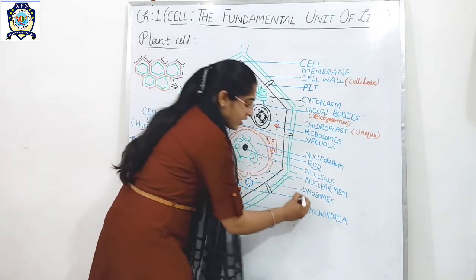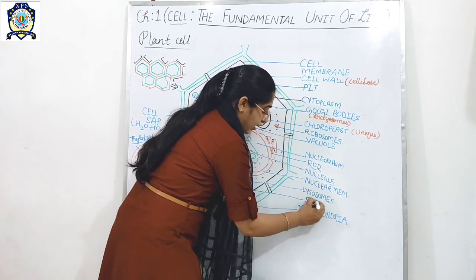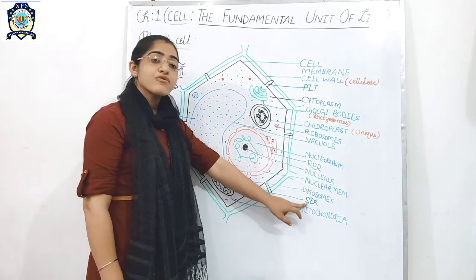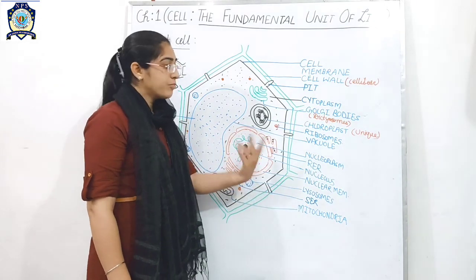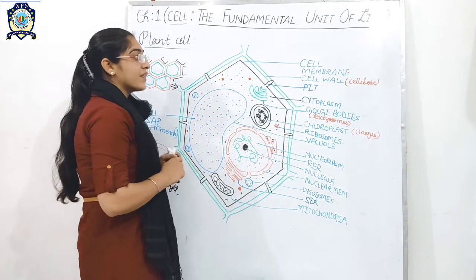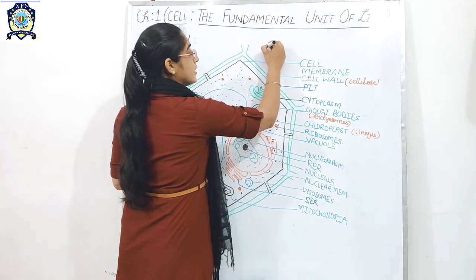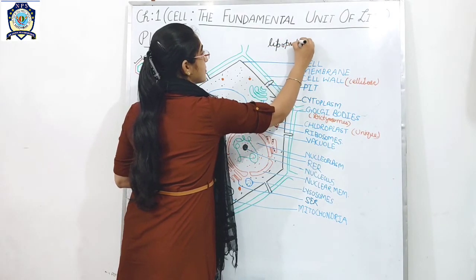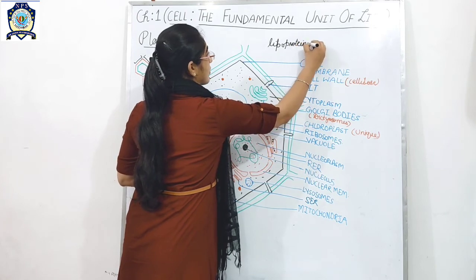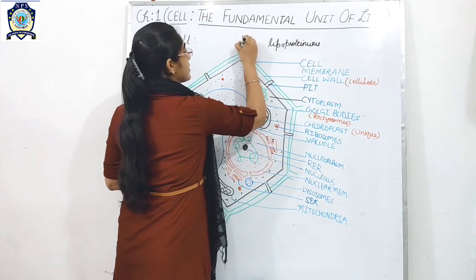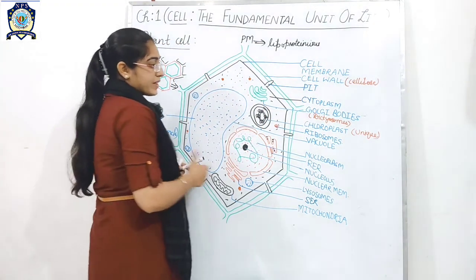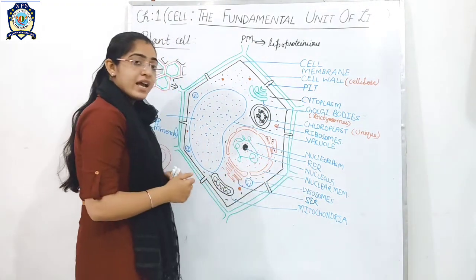So this one is the SER, smooth endoplasmic reticulum, whose function is to form the lipid, because we have studied that the plasma membrane is lipoproteinaceous. So that's why both RER and SER are present.